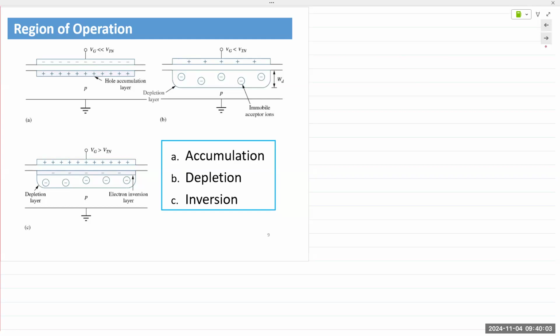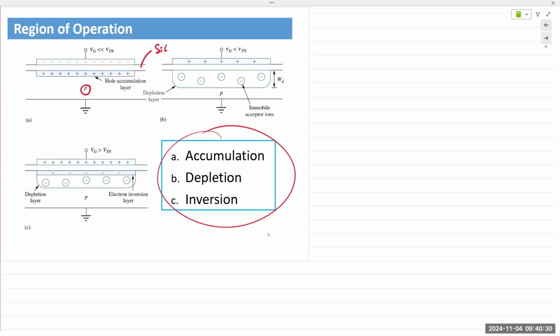In this kind of MOSFET, the channel is not present. The channel must be created by the application of external voltage. And so in this slide here, we see the three regions of operation of how the channel is created right underneath that gate. So we have the sandwich layer: metal, the oxide, and the semiconductor. The semiconductor is the P-type material right here.